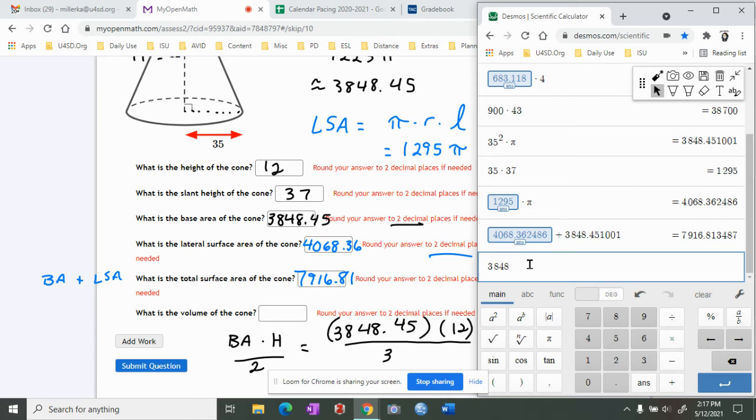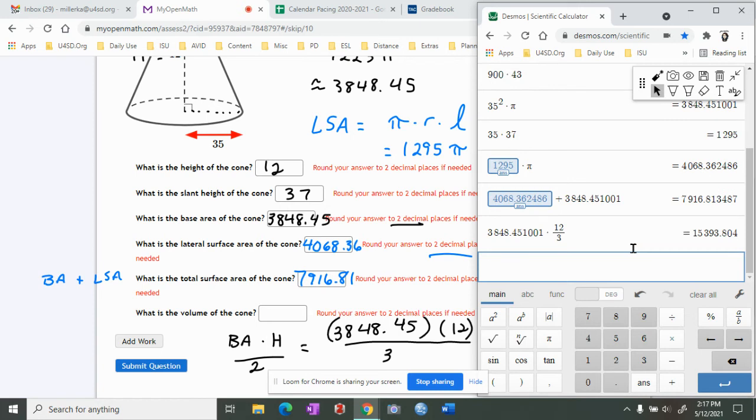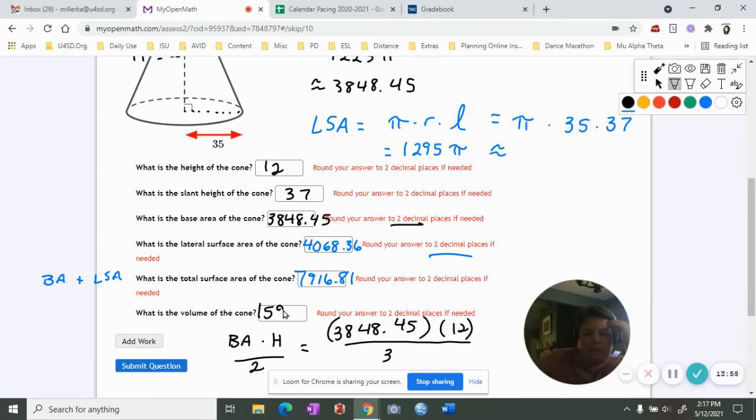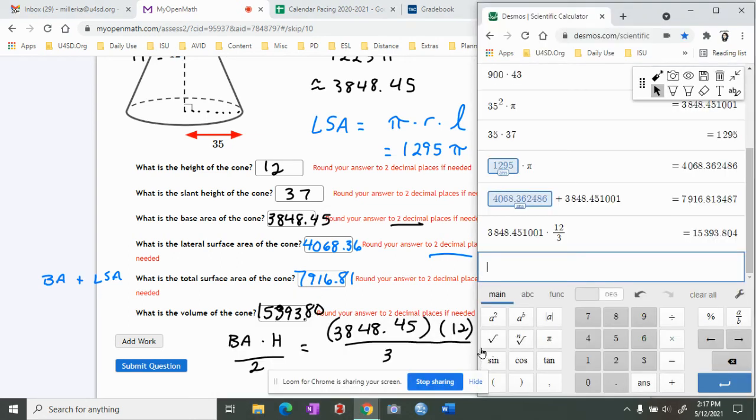I could copy and paste that, right? Control V, times 12 divided by 3. 15,393.80. Okay, there we go.